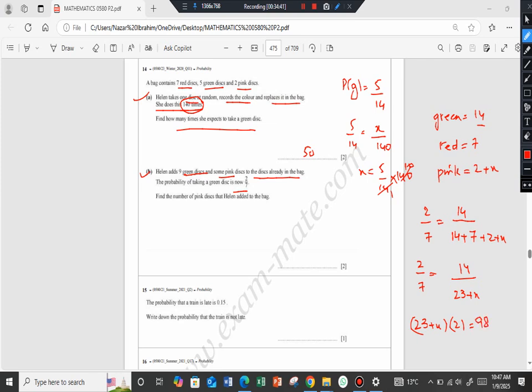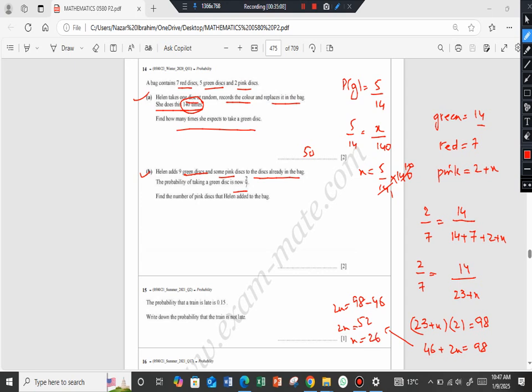This is 98. Okay, 23 into 2 is 46, 2 into x is 2x, and 98. So 2x equals 98 minus 46. 98 minus 46 equals 52, right? So x equals 52 upon 2, which is 26.